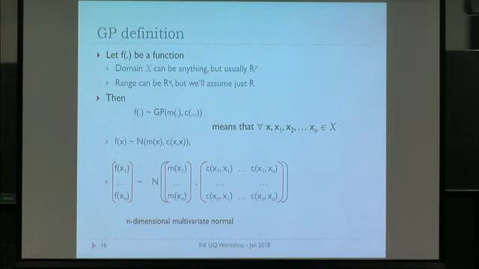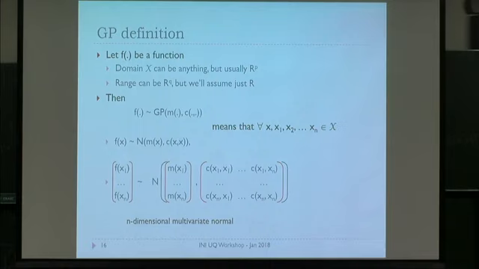So our function is a Gaussian process with parameters m and c if, for any given x, the function output at that x is normal with mean m(x) and variance c(x,x). But when you extend to more points, any n points have a multivariate normal distribution with mean vector given by all the m values and the covariance matrix given by all the possible pairs of c values.